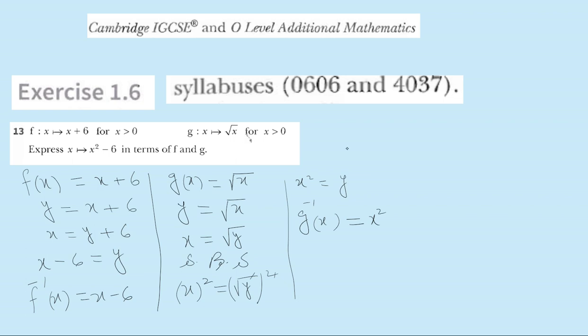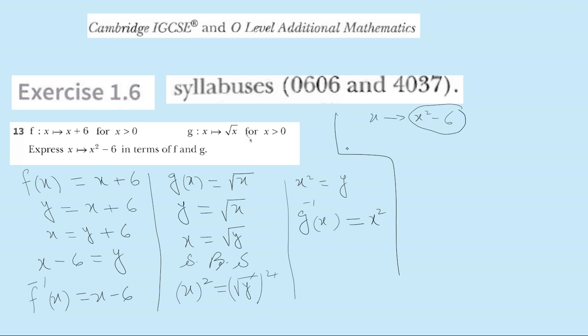Now, what is the question? The question is x maps to x square minus 6. So what work do we have to do in order to get this x square minus 6? How to get x square minus 6? We have found f inverse x and we have already found g inverse x.